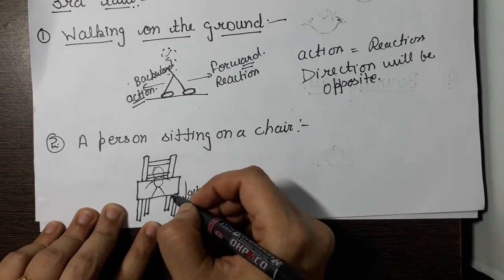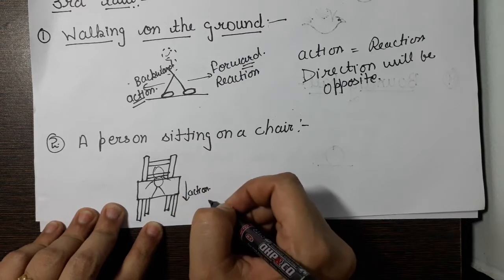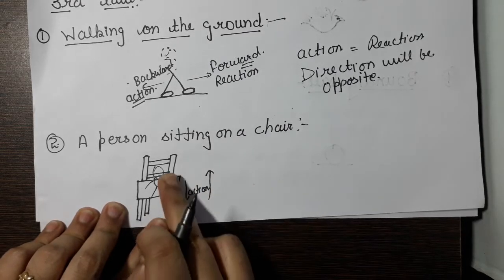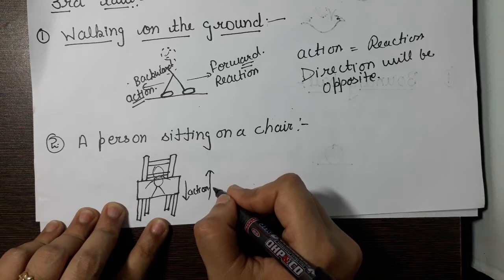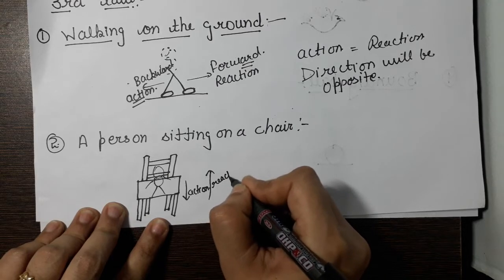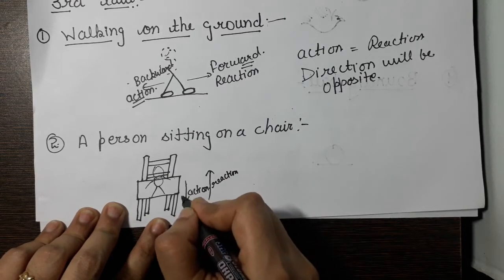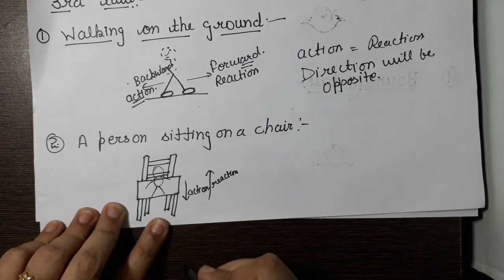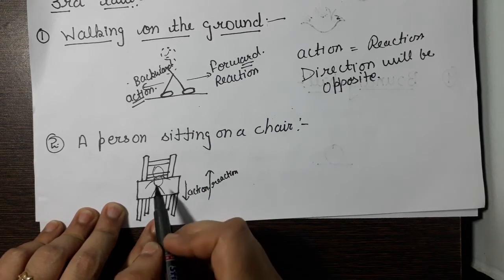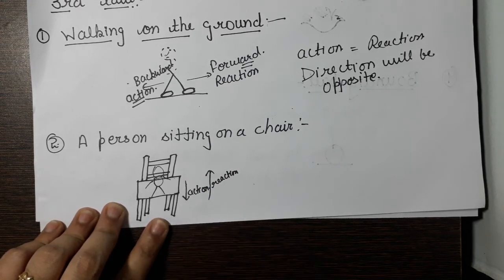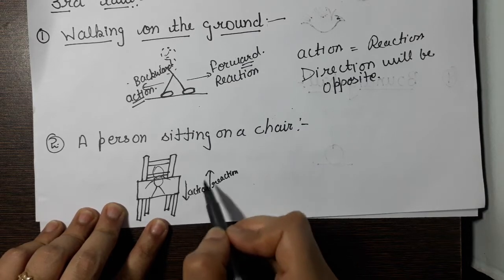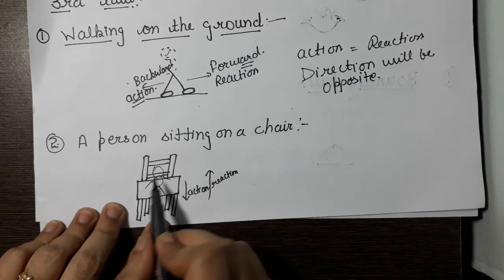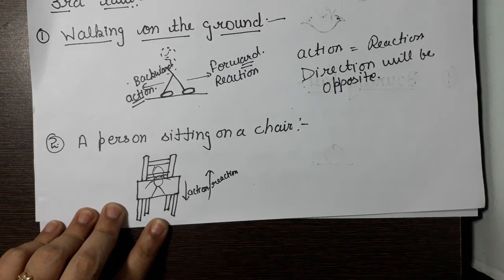This chair will also apply the same force on the person, but this force will be in the upward direction. So this is the reaction. Action is in the downward direction and reaction is in the upward direction. Here action and reaction are both equal, which makes us able to sit on the chair, but the direction is opposite. So this also justifies Newton's third law of motion.